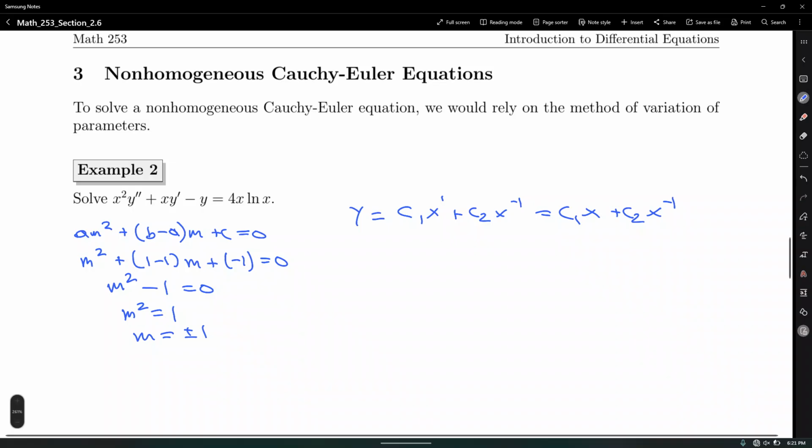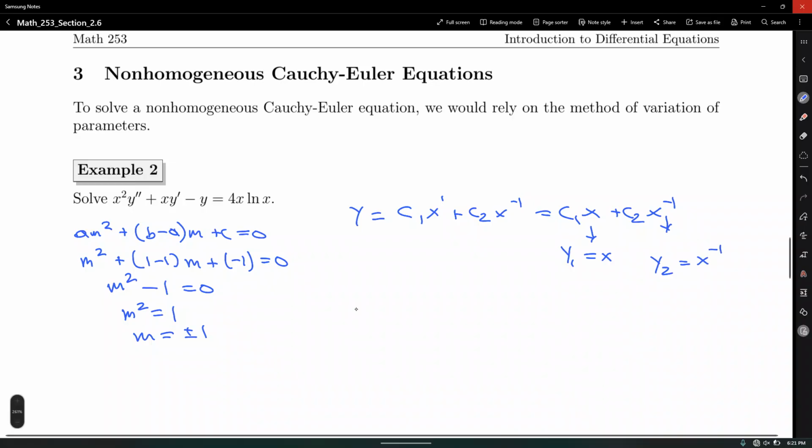Okay, guys, from here we get y1 equals x, and from here we get y2 equals x to the negative 1.